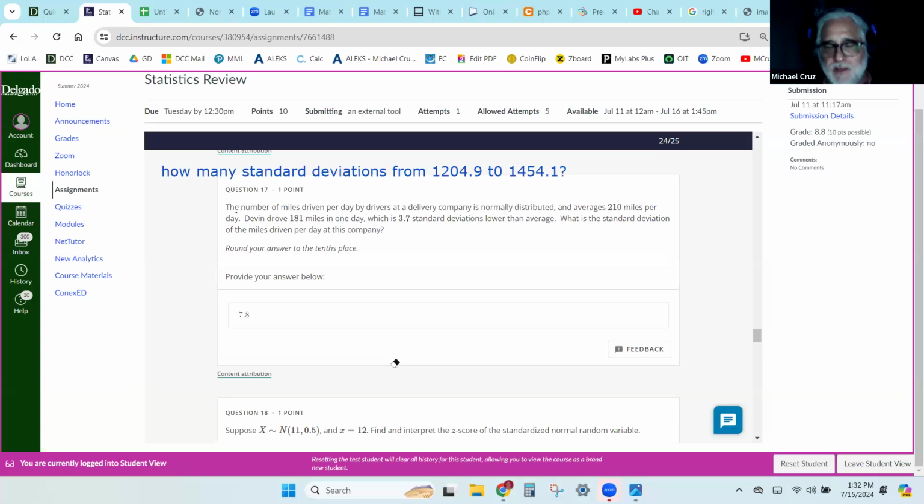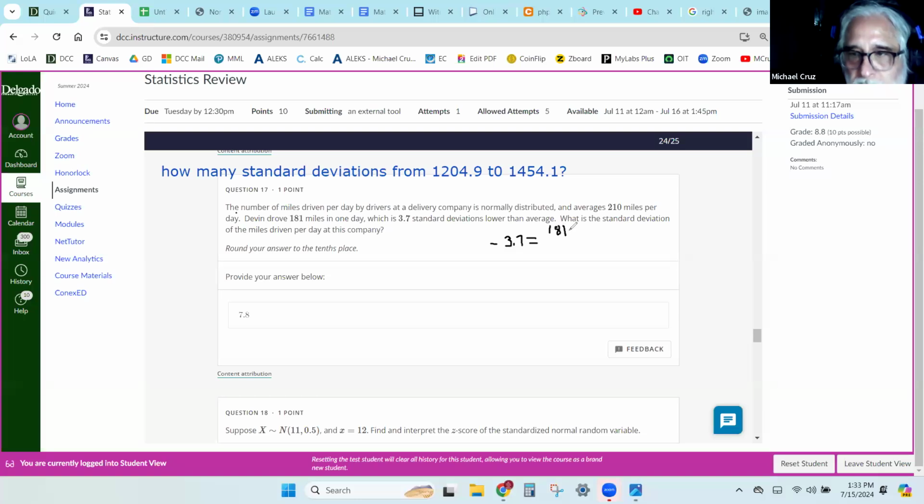This is basically just solving for that missing standard deviation, because they tell you the number of standard deviations. They give you the z-score, negative 3.7. All right. And so they give us 181.